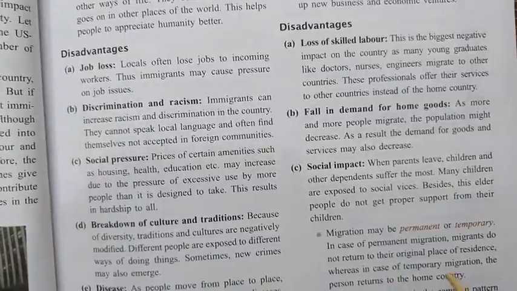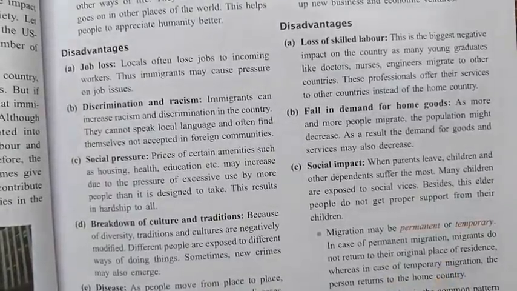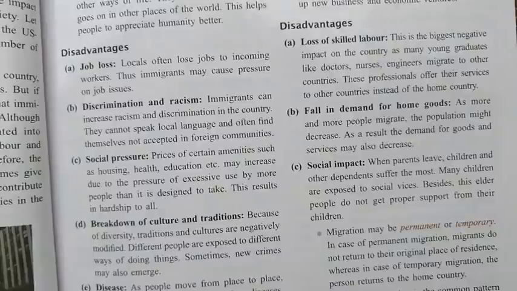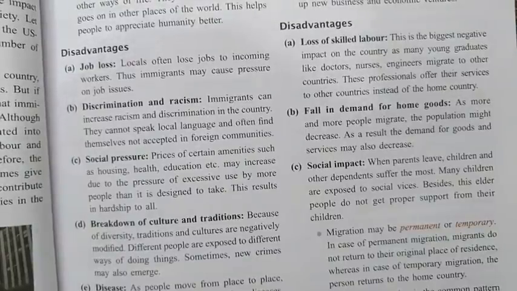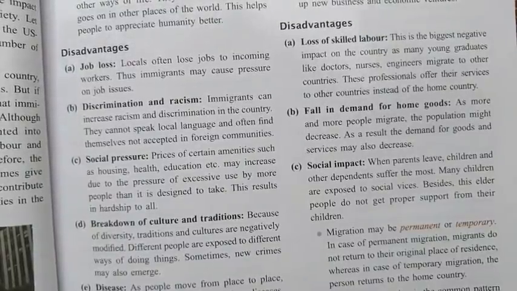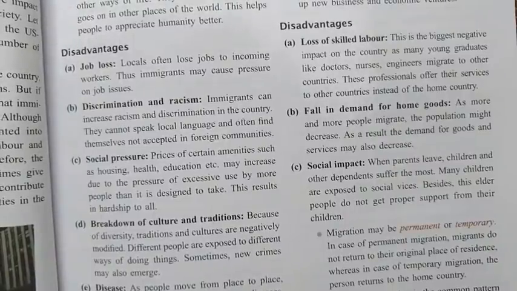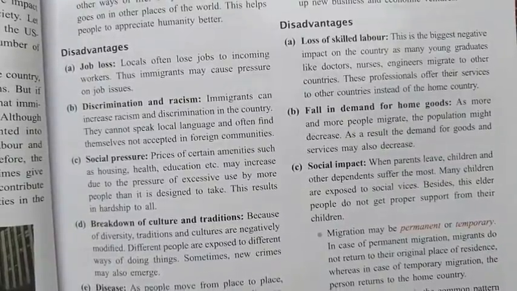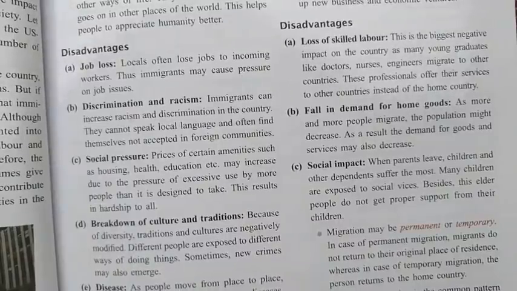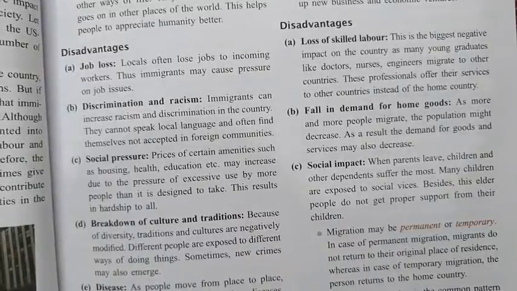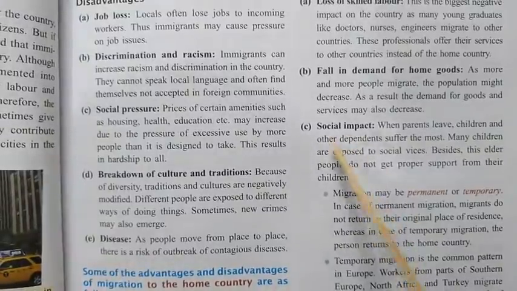His family members, his children and his family back at home, suffer a loss: the loss of an elderly person in the house who can guide the children and contribute to the family. Now he is in some other country. So this is called social impact.